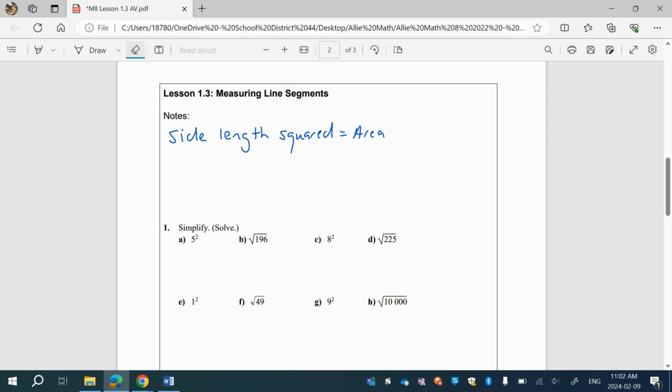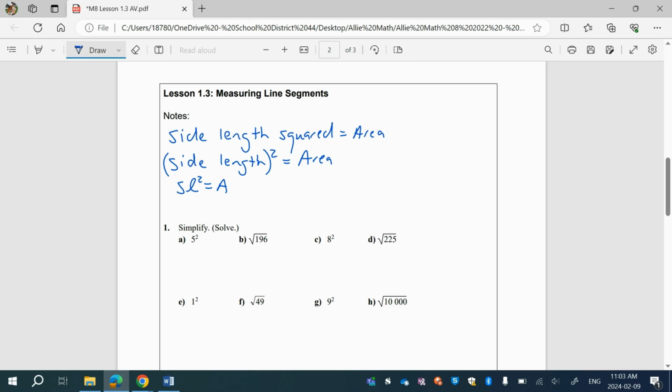I'm going to show it like this: side length in brackets, squared as a symbol, equals area. And I'm also going to write it as SL, you might see me write it like that, equals A. Okay. Side length squared equals area.